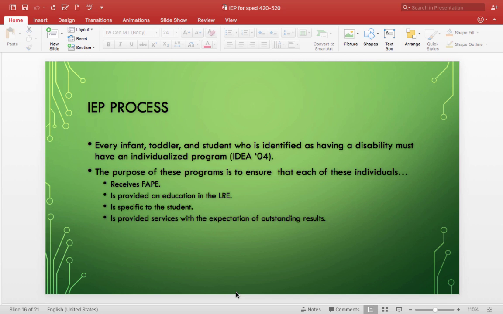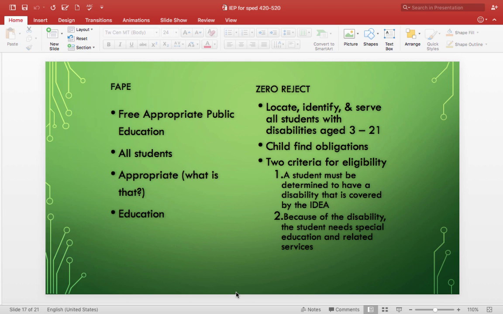That doesn't mean that every child is going to benefit from inclusion, but it doesn't mean that every child should be in a self-contained classroom either. So we need to make sure of what setting this child is going to benefit the most from. And we need to make sure that we expect outstanding results. Okay, so we have to have high expectations.